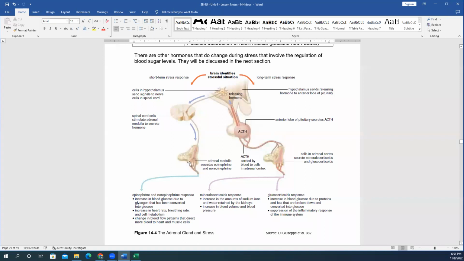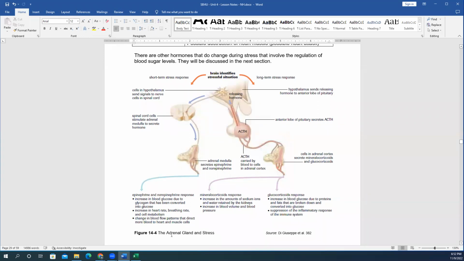These adrenal medulla cells will secrete epinephrine and norepinephrine, which act to increase blood glucose levels from the glycogen that will be converted into glucose. They will act to increase heart rate, breathing rate, and also the rate of metabolism.